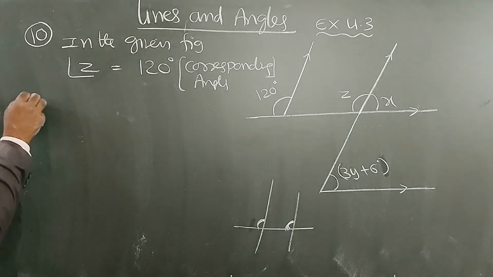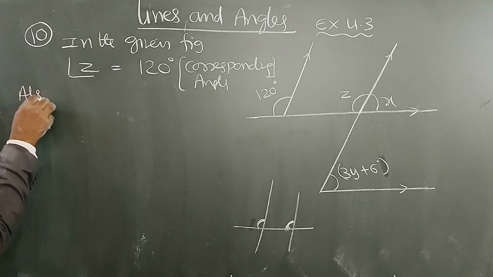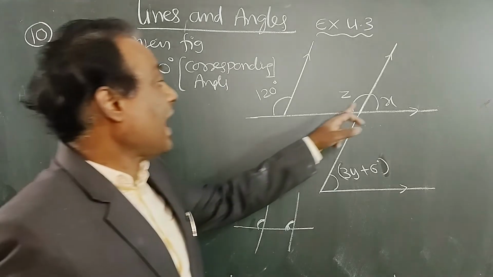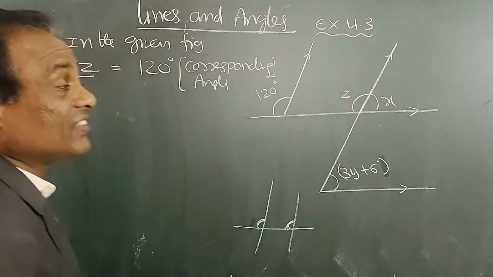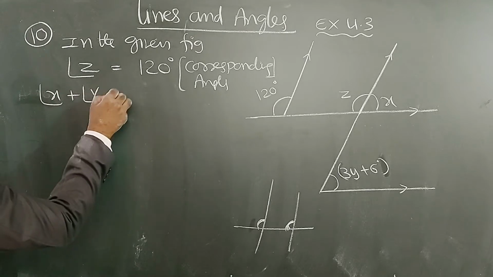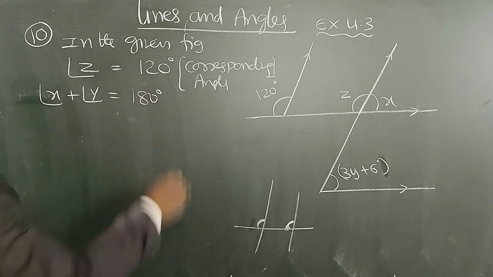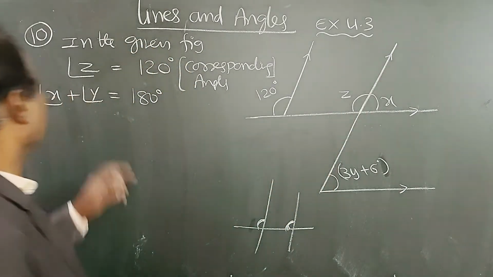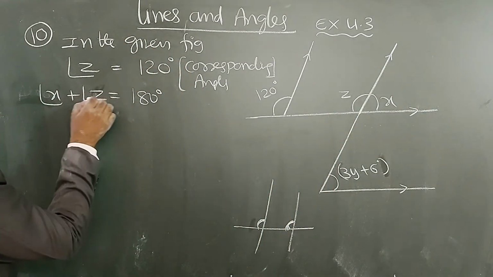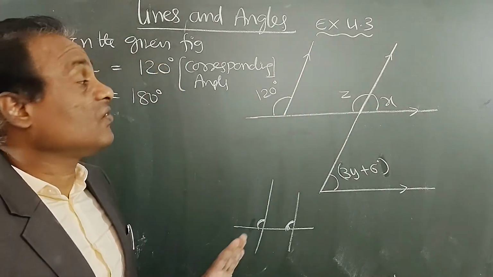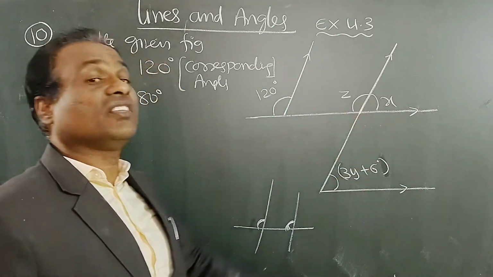Now, next, I am saying that angle x plus angle z is equal to 180. Why? You find out the reason. Angle x plus angle z is equal to 180.